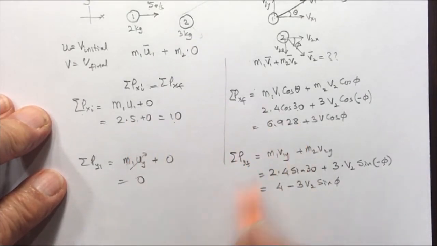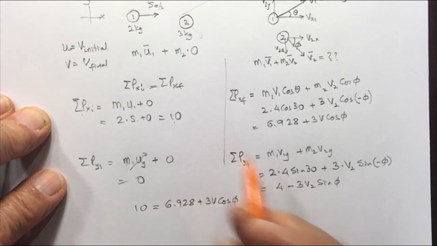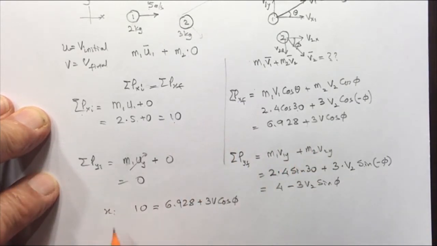So now we equate these, and we say 10 equals 6.928 plus 3 v2 cosine phi, that's the x equation, and the y equation is 0 equals 4 minus 3 v2 sine phi.